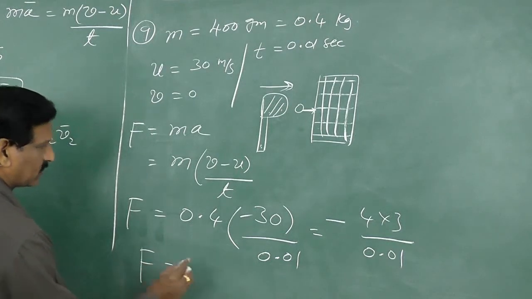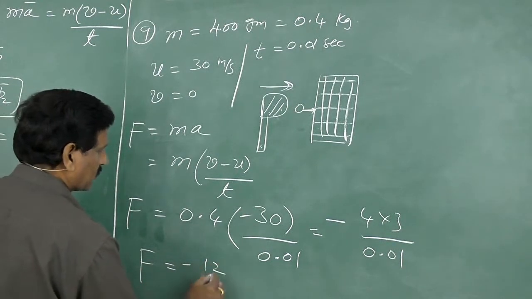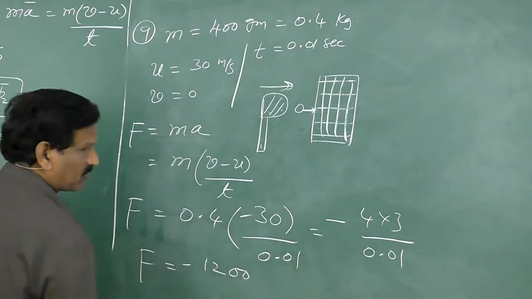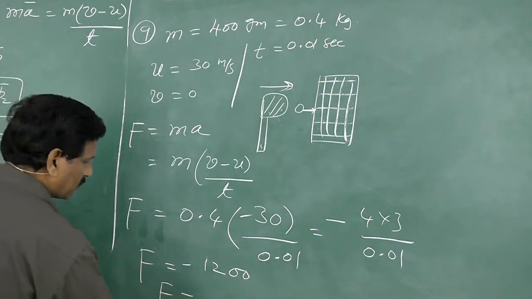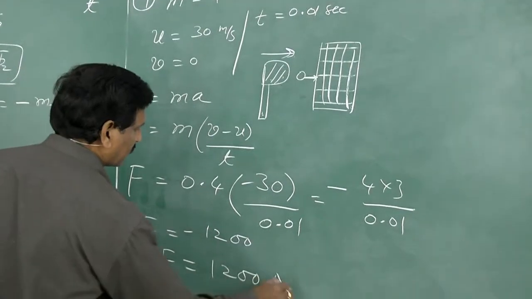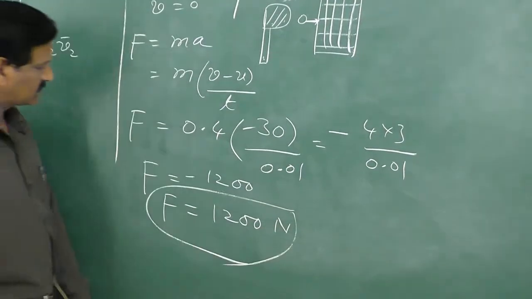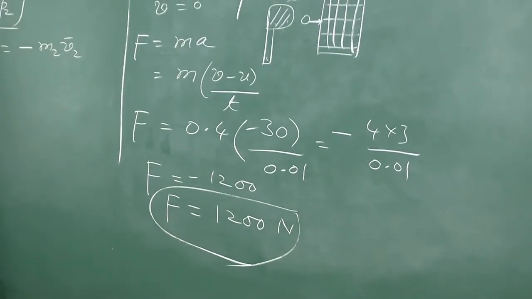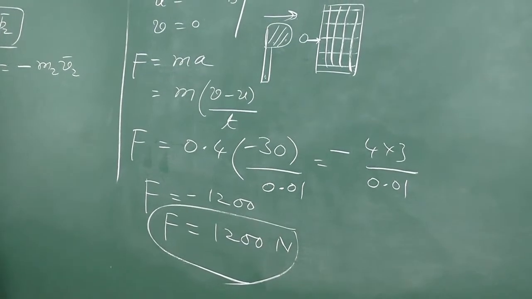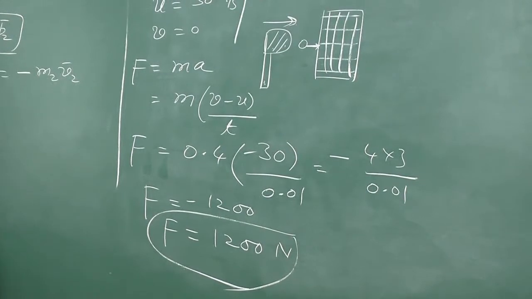So F is equal to minus 12 by 10 power minus 2, which is 1200. So F is equal to, numerical value, 1200 Newton. This is the force exerted by the nail on the hammer, 1200 Newton.